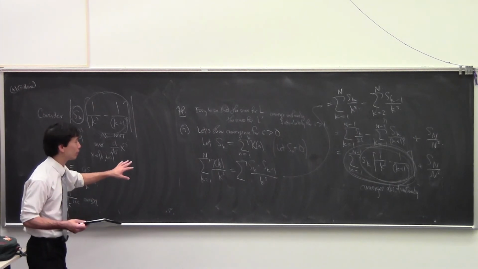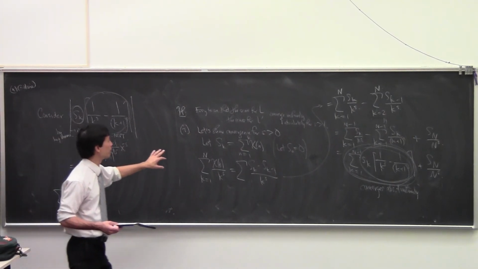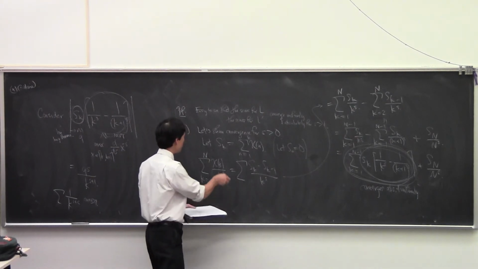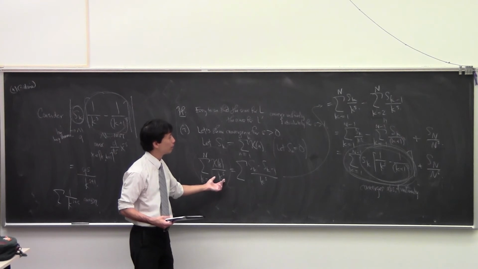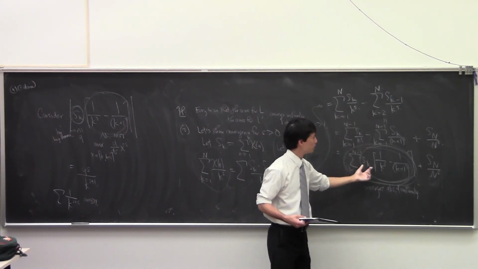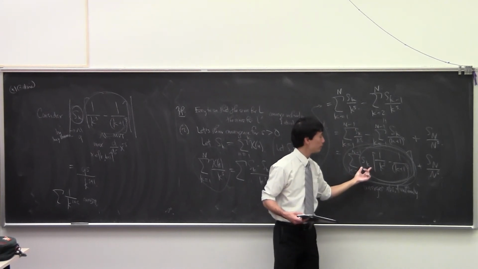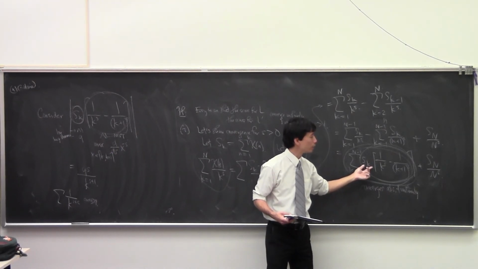Are people okay with what we're doing? Okay. So we wanted to show that this thing actually converges for s bigger than 0. We play this game, rearrange the thing, and use the fact that the s of k's are bounded by q.